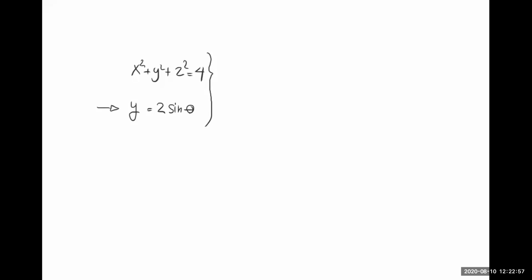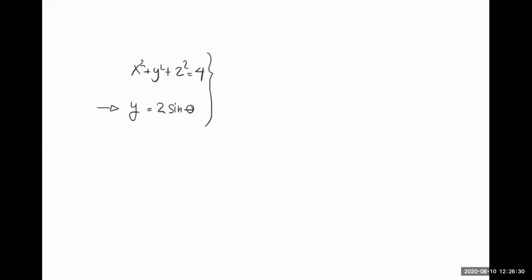It is similar to what we did with polar coordinates. That is true. So the idea here is to use the cylindrical coordinates.